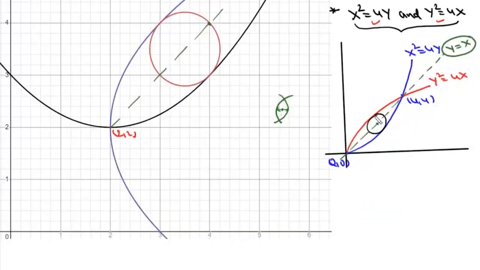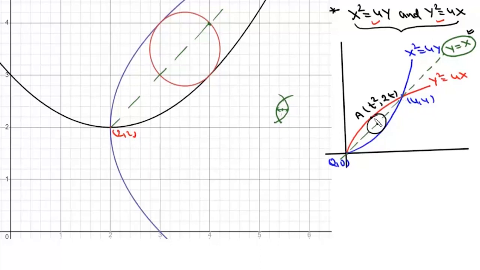Now, how do we solve it? Essentially it is clear that the center of the circle will lie on the y equals x line. Now we are not going to assume that it is (2, 2), but the center of the circle still lies on the y equals x line. And suppose the point of contact of this circle and parabola y square equals 4x is some point A, and if we write it in terms of parametric coordinates for this standard parabola y square equals 4x, it will be (t square, 2t).